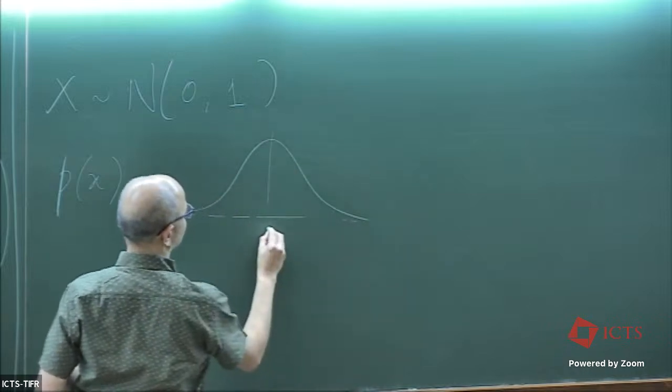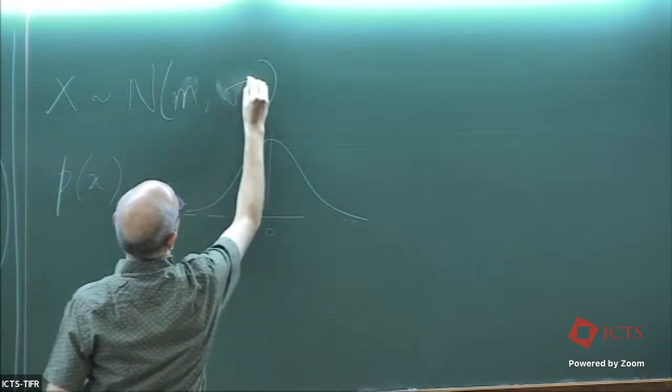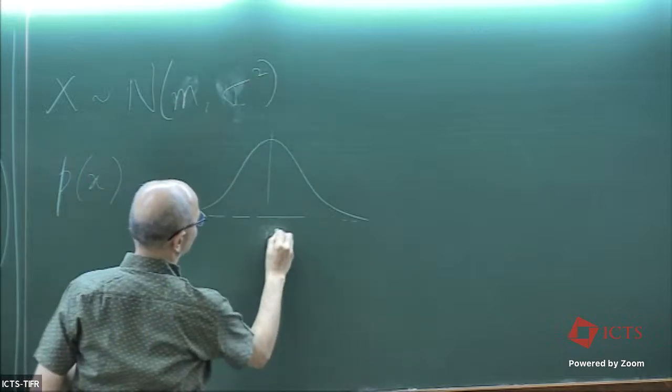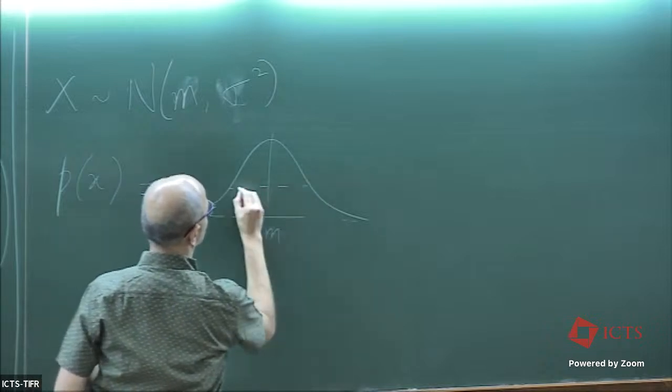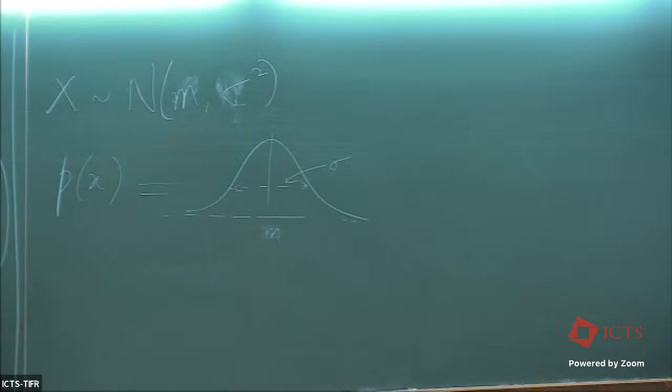And this is 0. Actually, let me just say m and sigma square. This will be m, and this will be some measure of sigma. At some point, it will be equal to sigma, but anyway. And that's one dimensional. How about higher dimensions?